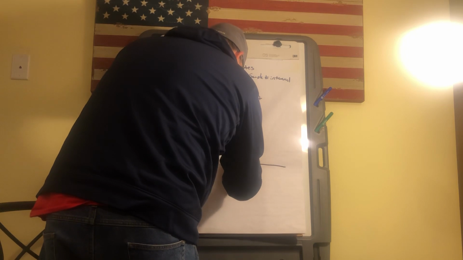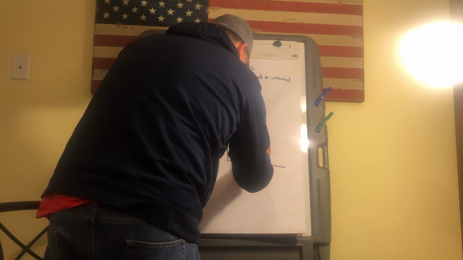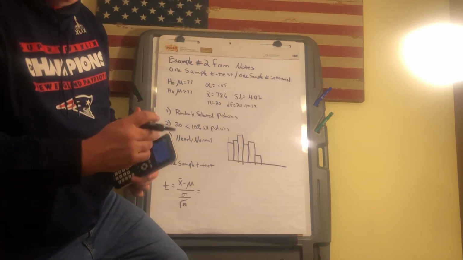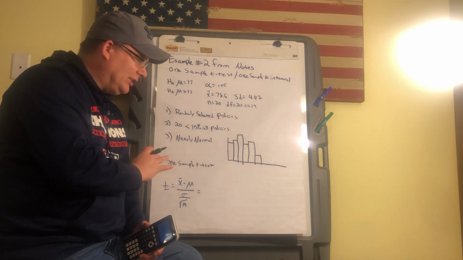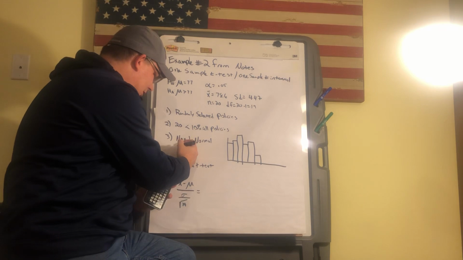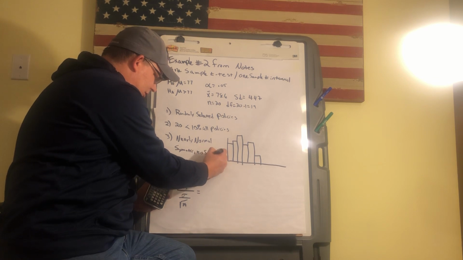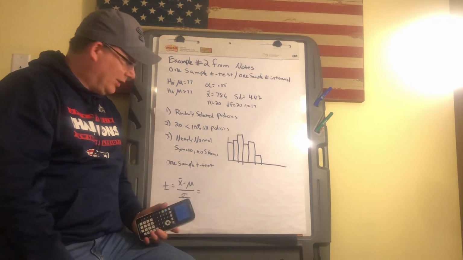And even though this isn't going to be symmetrical, that's not the level that we need to be at. We don't have to be perfectly normal. We just need to have something that isn't terrible. Okay, so I'm going to call this symmetric, with no skew or outliers, and that's why it passes the conditions test.